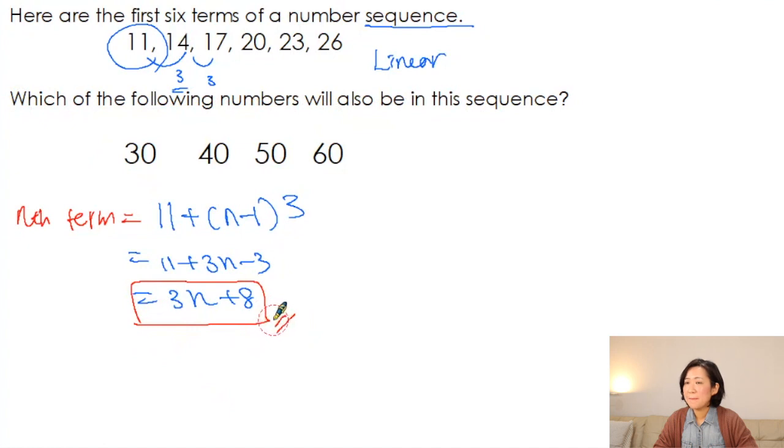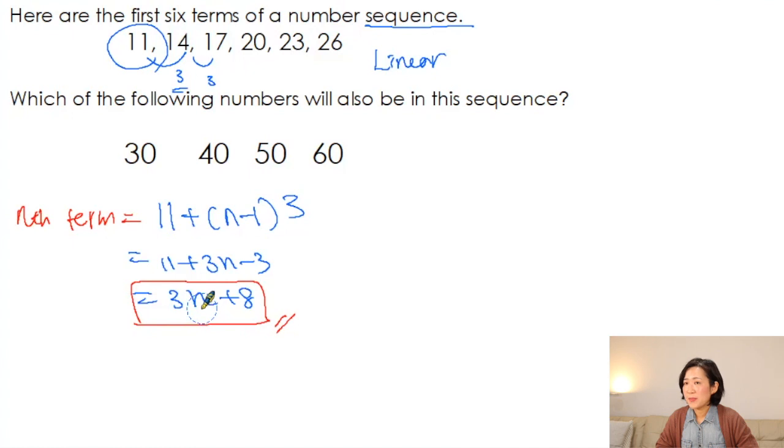Just remember, n is not the number. n means the position of the number, the order of the number, right? Then we can write down the equation 3n plus 8 equals 30. If we get a whole number, for example n is 20 or 11, then we can say that 30 is in the number sequence.